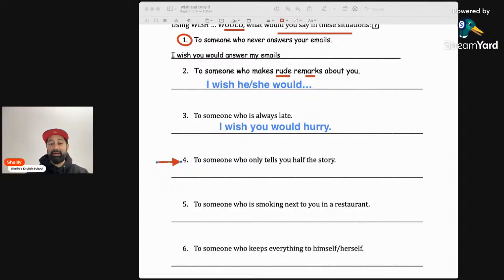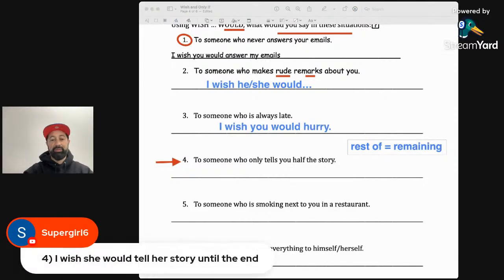Yeah, so number 4, some of you answered, "I wish you would continue the story," "I wish you would tell me the rest of the story." I like that word "rest of." If nobody knows what "rest of" means, it means the remaining part of the story. Again, many answers. Supergirl has, "I wish she would tell her story until the end." Yeah, that's a good answer as well.